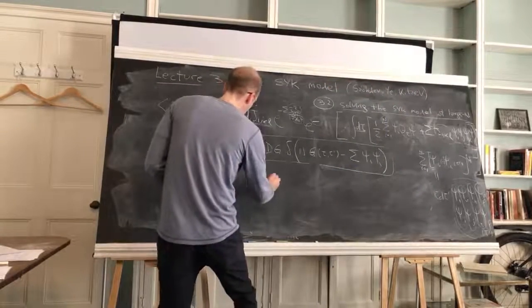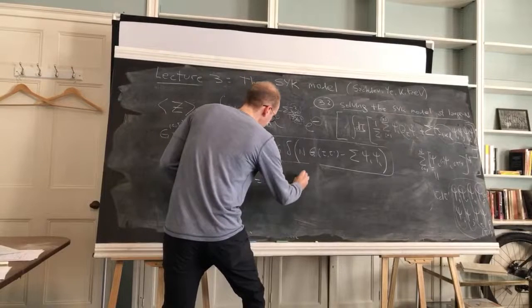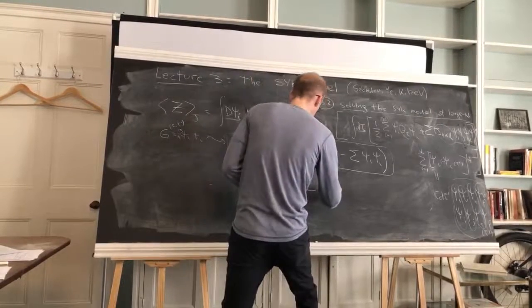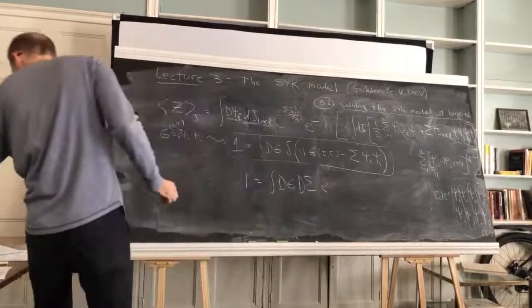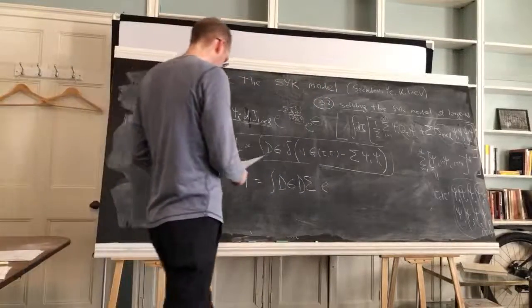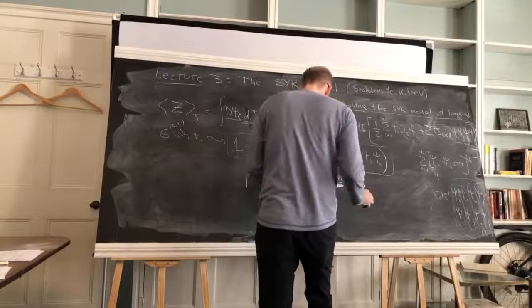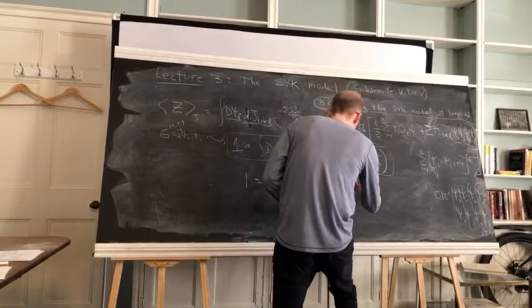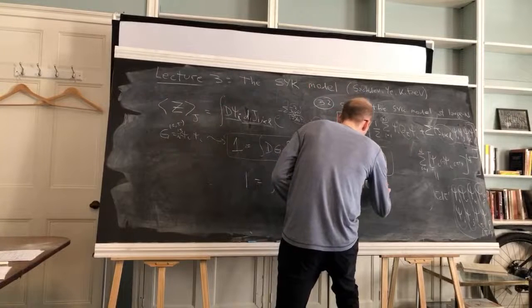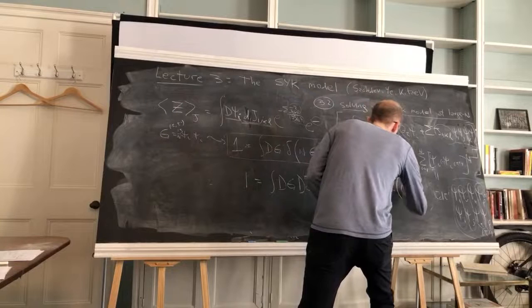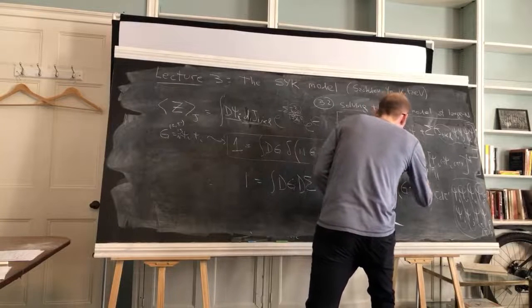So 1 will be dG, and now the sigma of e to the minus n over 2, double integral of times, and now I will have sigma times G minus psi psi.